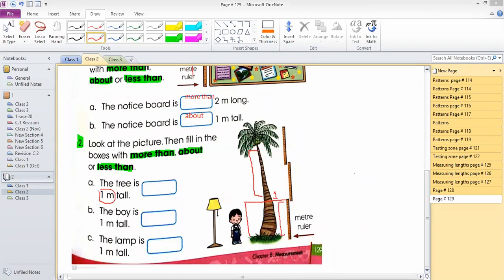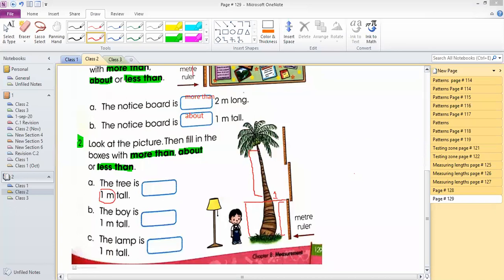If it is 3, you can write about, but it is 1. So 1 meter means this is the height, this is the length. You can see that the tree has more length, more height than the 1 meter ruler.